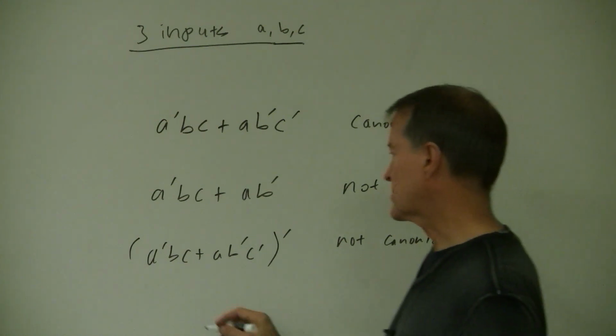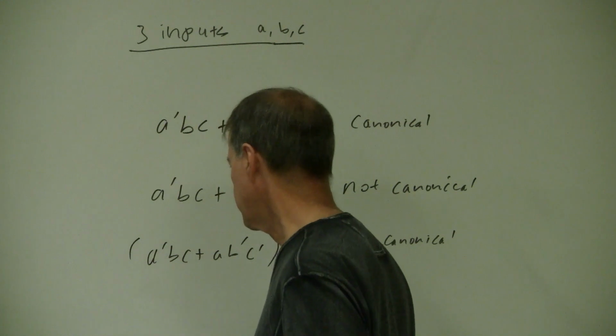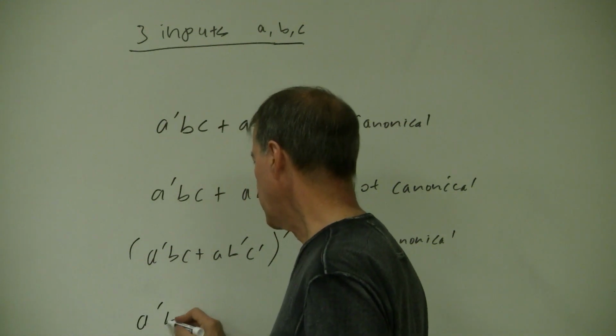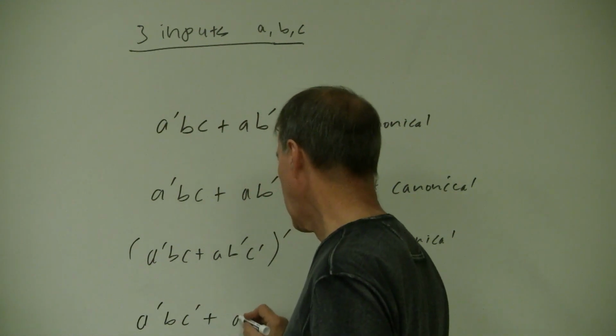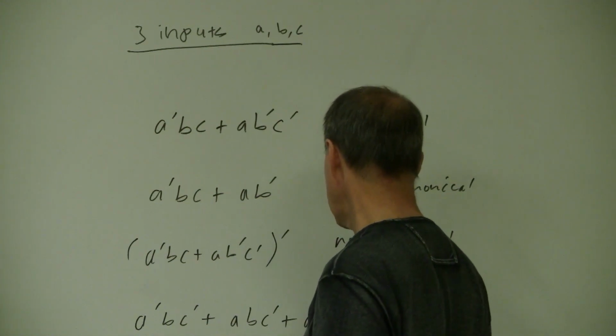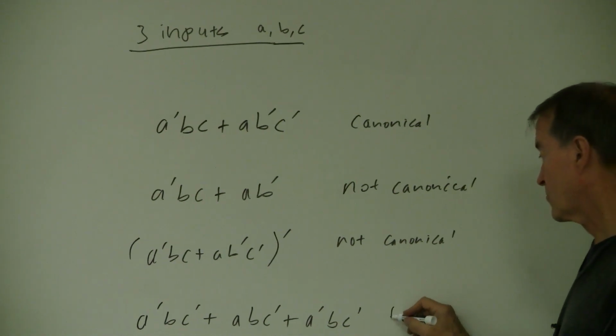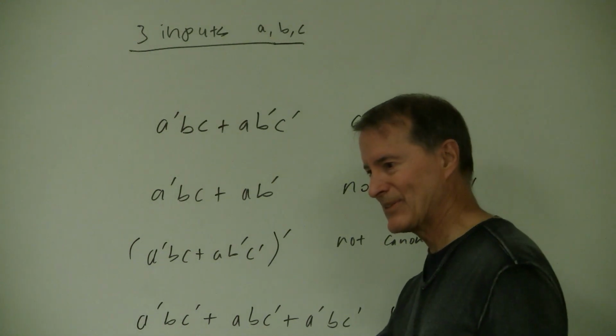How about this? A prime, B, C prime, or A, B, C prime, or A prime, B, C prime. Is this canonical? Not canonical. Why not? The first and last, because that appears twice, right?